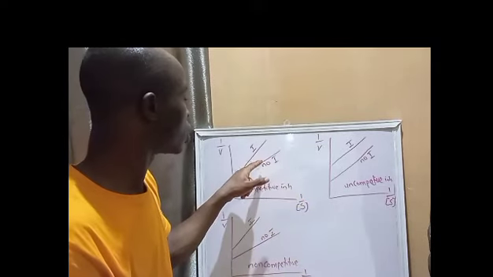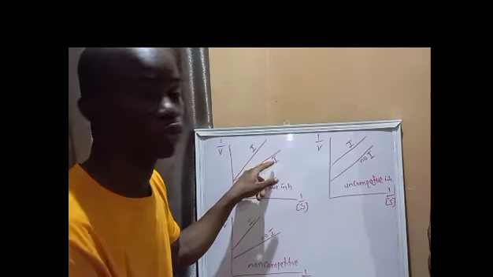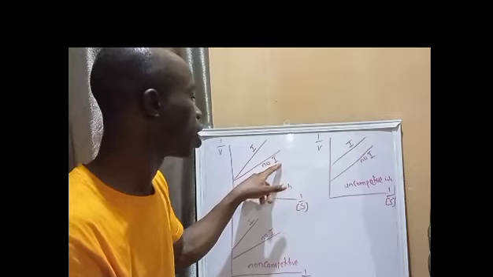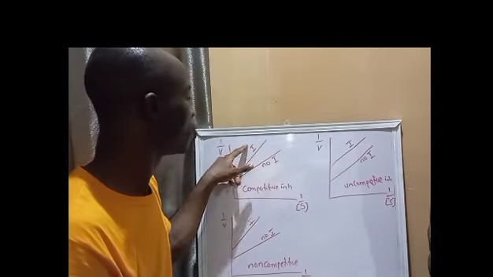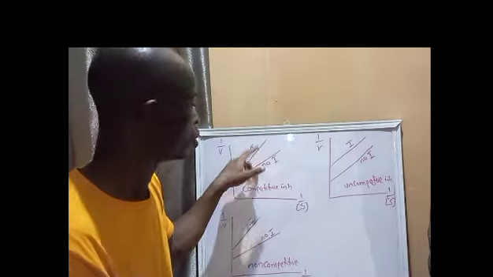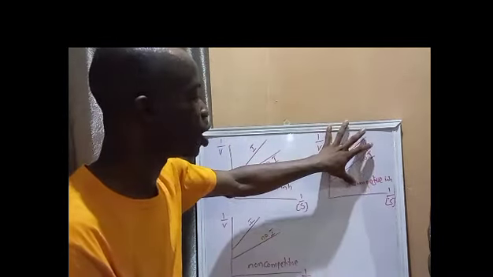So you can see that here we have 1 over V against 1 over S of the reaction that has no inhibitor, and this 1 over V against 1 over S of the one that has inhibition.